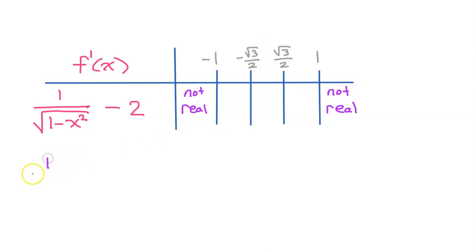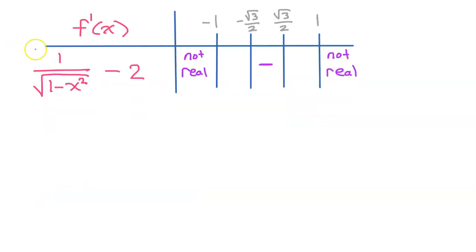So if we use an x value of 0, then this x squared would just be gone, and we would just have 1 over the square root of 1 minus 2. But this would just be 1, and 1 minus 2 would be negative 1. And all we really care about is this is a negative value.